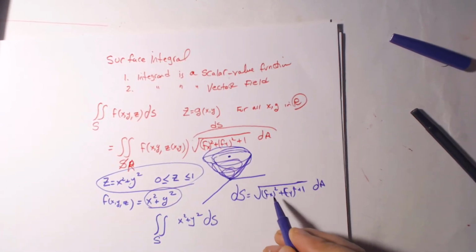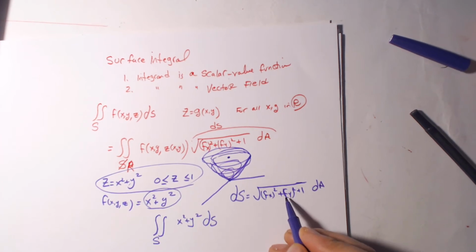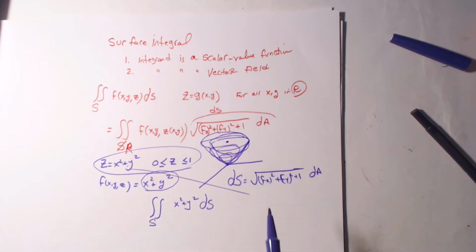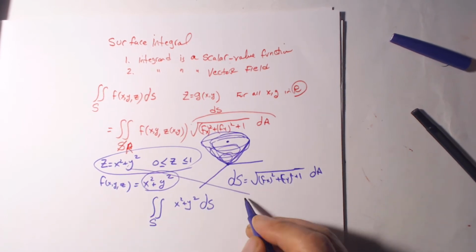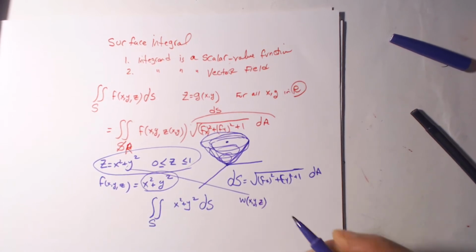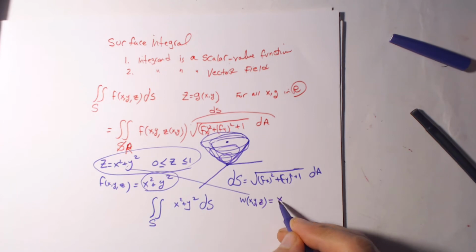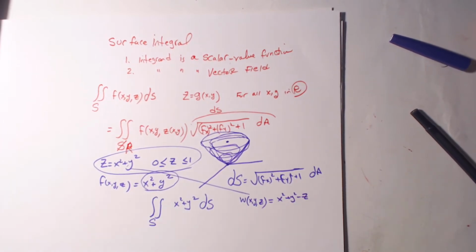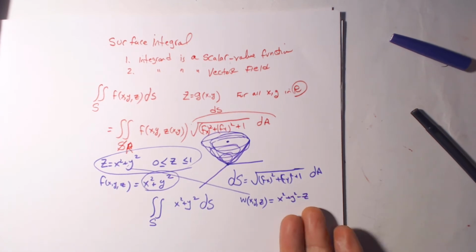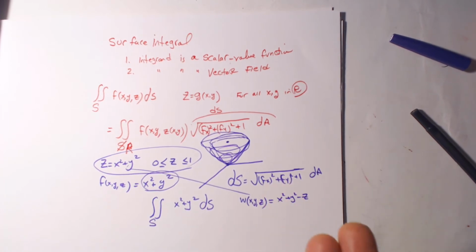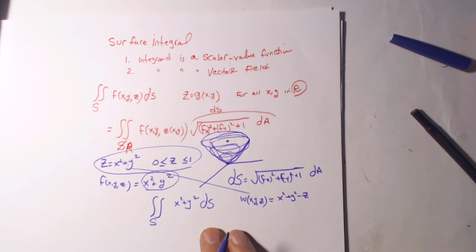But here, you have to have an x value, a y value, and a z value. Therefore, you have to write your function explicitly, and maybe I'll call it w of x, y, z, and make this x squared plus y squared minus z. Somebody might ask, should I bring x squared plus y squared to the other side and make z positive? Since you're going to square them, no matter which one becomes negative, when you square it, it becomes positive.